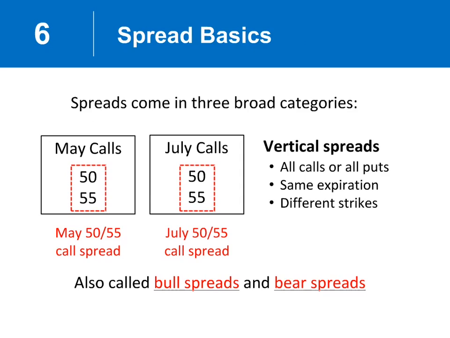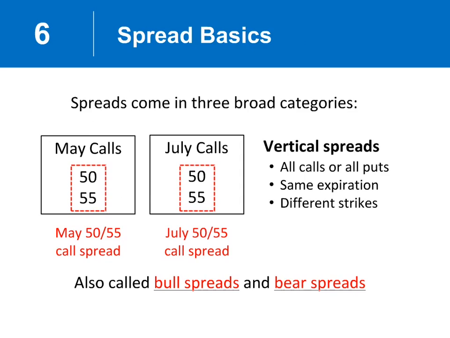As you can see on the slide, in our example, we've got either May or July calls: the May 50-55 call spread, the July 50-55 call spread. If we're long the 50 and short the 55, that would be a bull call spread. If we had it the other way around, where we're short the 50 and long the 55, it would be a bear spread. So that's one of the broad categories, the vertical spread.